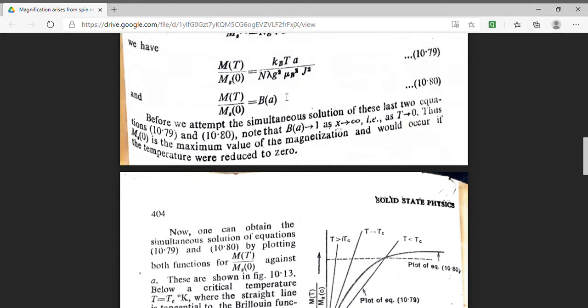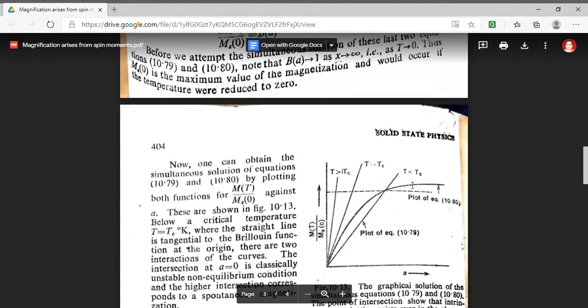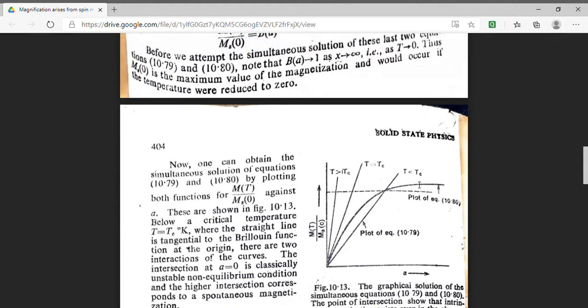So we have taken a plot and shown that magnetization arises only for the temperature range T less than Tc. We have taken three temperature ranges: T greater than Tc, T equal to Tc, and T less than Tc.